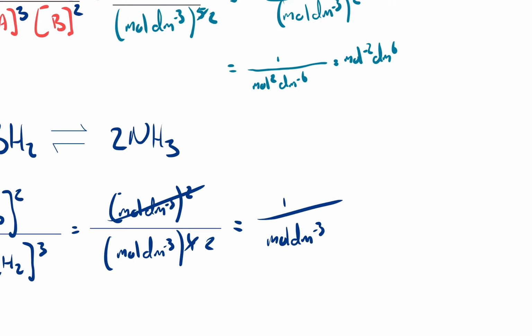And again, similar thing, right? We've got our 2 times 1, so we've got a 2 there, and then our 2 times -3 is -6. And then we invert our units: mole to the -2 decimetre to the 6.